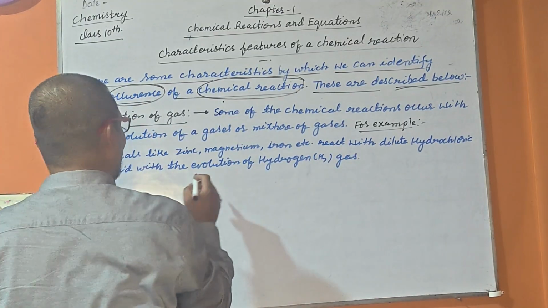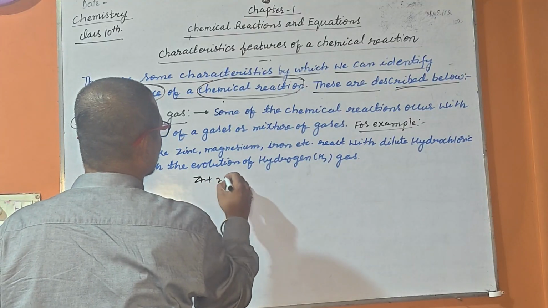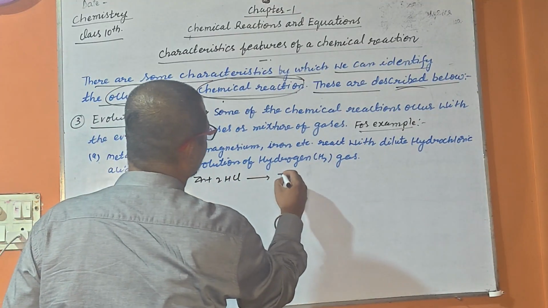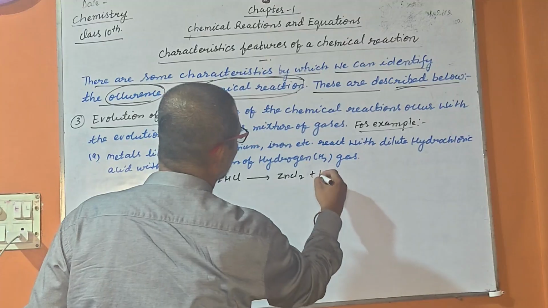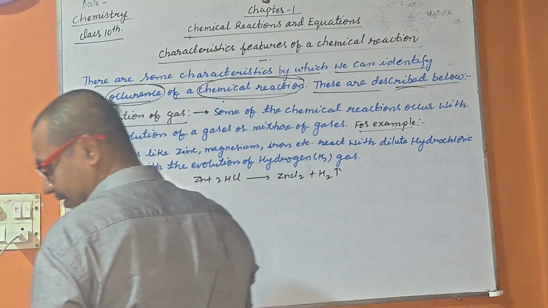Let us understand: Zn plus 2HCl gives ZnCl2 plus H2, which is the gas.